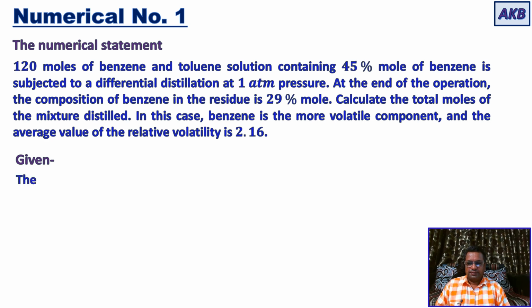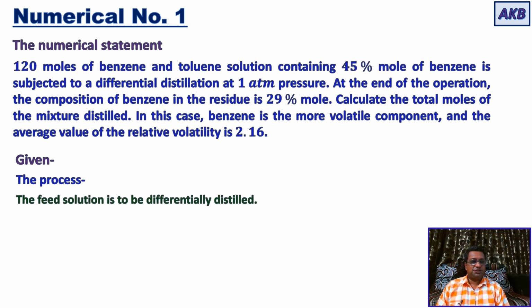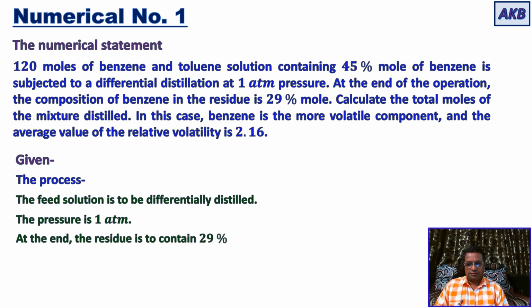Then further, what is the process? This feed solution is to be differentially distilled. It should be distilled by using simple distillation or differential distillation. The pressure for the operation is 1 atmosphere. At the end of the operation, the residue is to contain 29% mole of benzene.